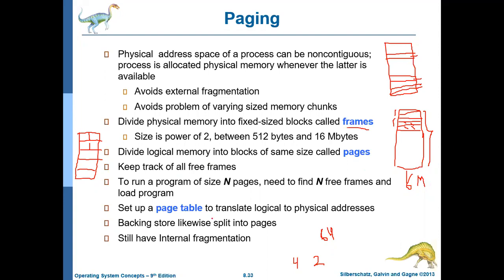Set up a page table to translate logical to physical address. We need to maintain a table which is known as the page table, just to translate logical to physical addresses. This table will have only these two columns.